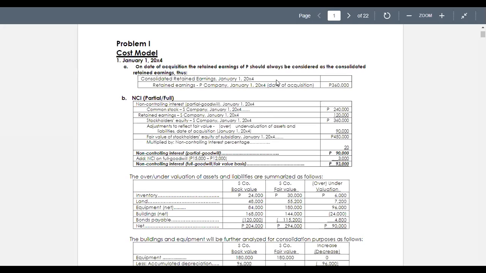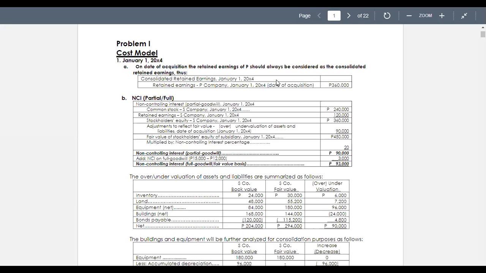So there's a difference of 3,000. First, determine where 15,000 was taken, and how about 12,000? So we now get the 3,000. That's the non-controlling interest on full goodwill approach, which we are going to add to 90,000. The non-controlling interest using the full goodwill or fair value basis is 93,000. Now, that is requirement letter B.